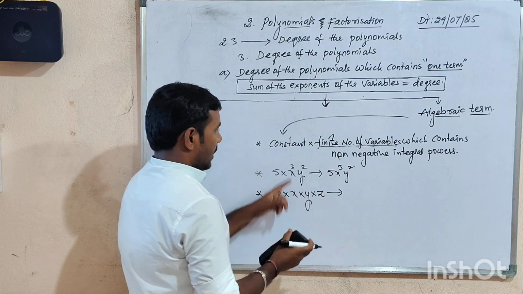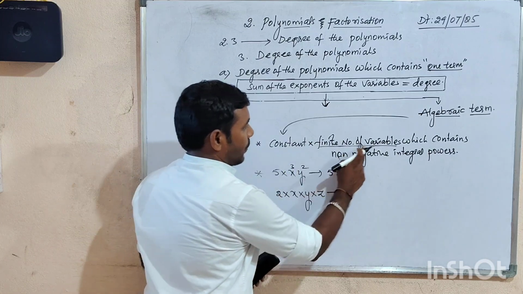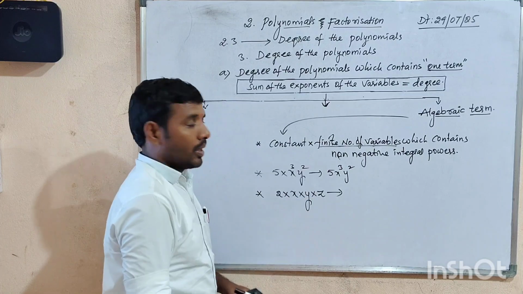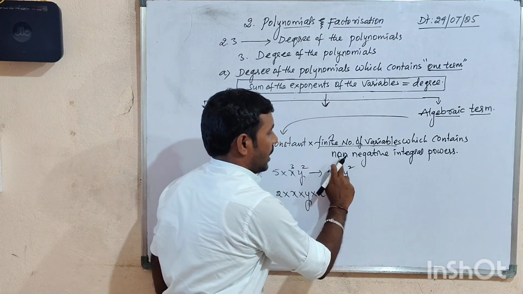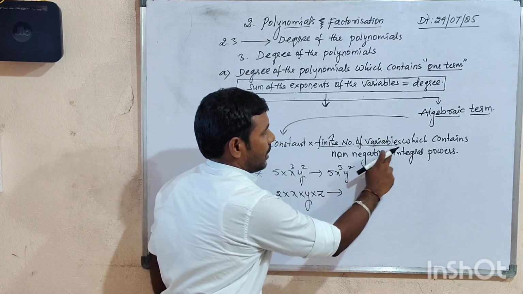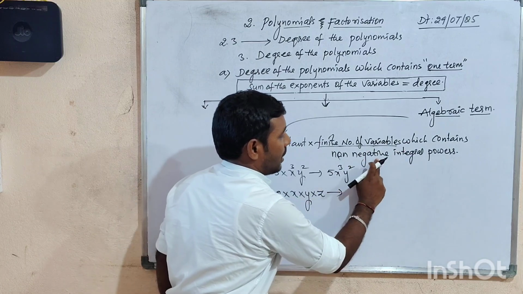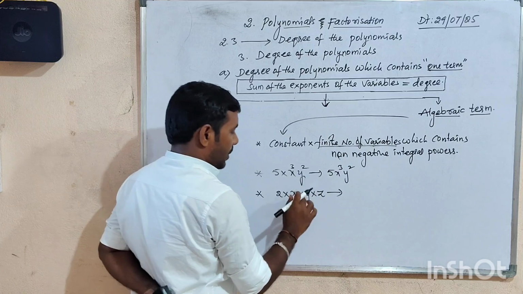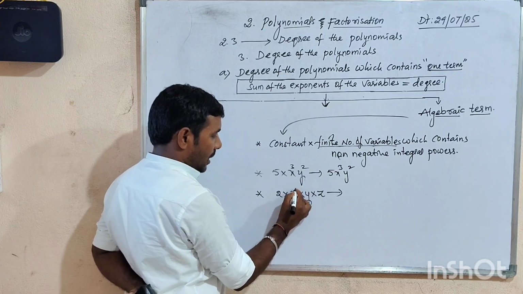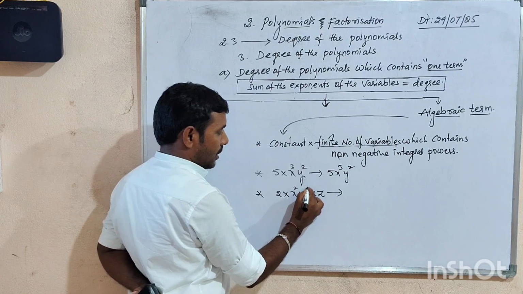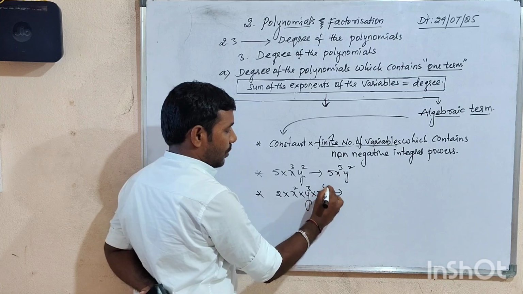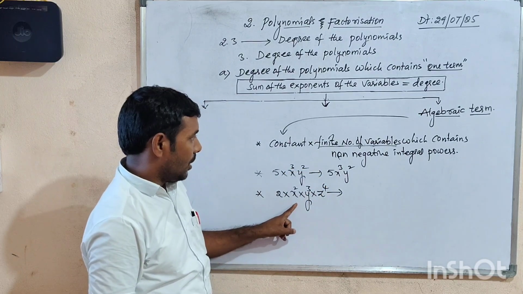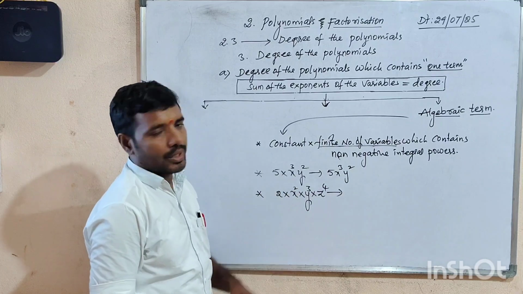Now in this, the constant is 2, with a finite number of variables. Here the variables are x, y, z, and their exponents are non-negative integral powers. The powers are powers of the variables. Here let us take 2, here take 3, here take 4. Based on this statement, I arrange the exponents.